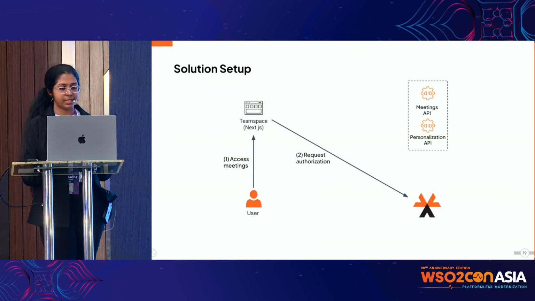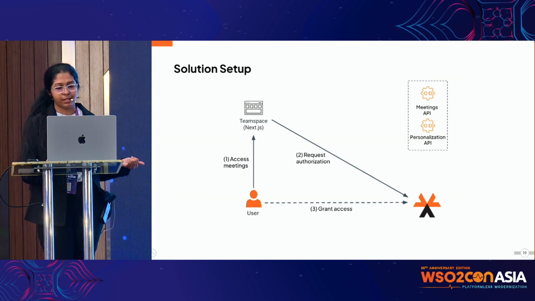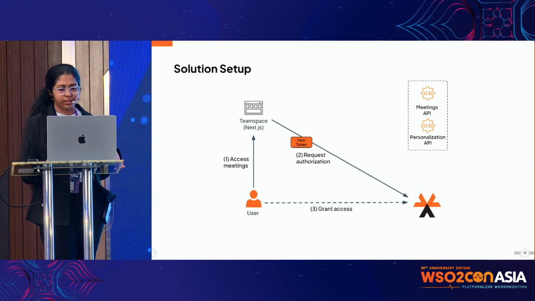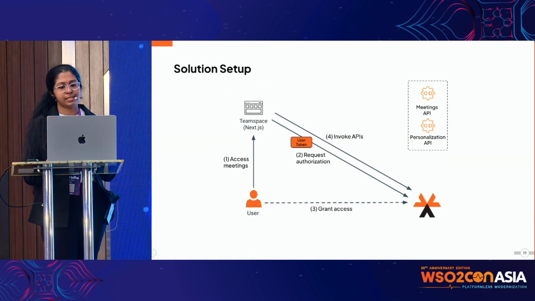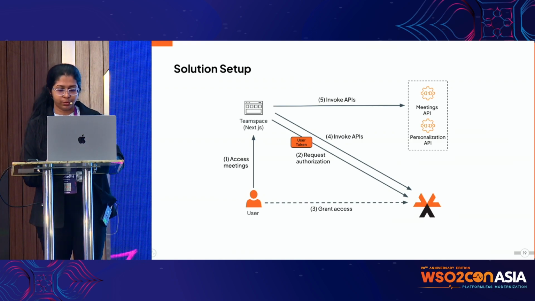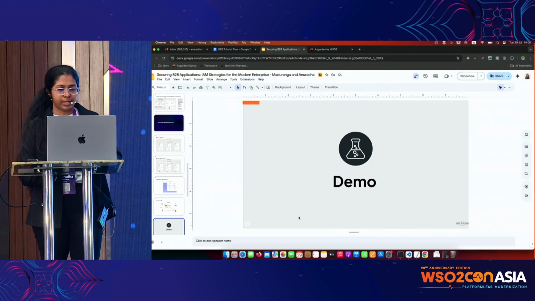Once the user gives the credentials and grants access, Asgardeo will provide a user token for the application. With that user token, the application can invoke business APIs as well as the Asgardeo API. So that is the solution setup we are going to do. Without any further ado, let's go to Asgardeo and see how to configure it.